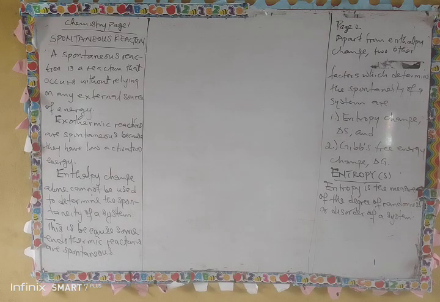Then let's look at another example. Out of solid and liquid, which one has higher entropy? No, solid has lower entropy. Entropy means how scattered they are. Solids have lower entropy, while gases have the highest entropy.